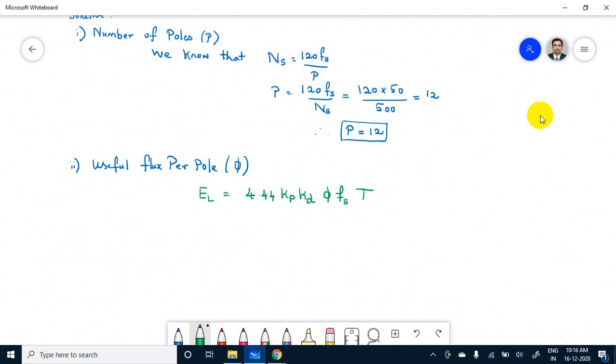E line. From the question, E line equal to 4000 volt.